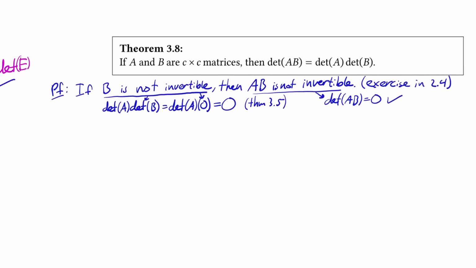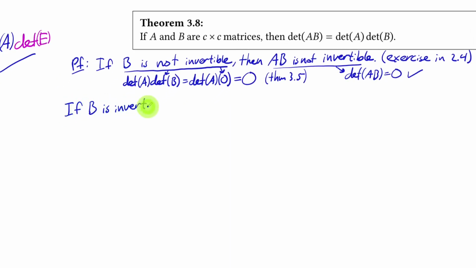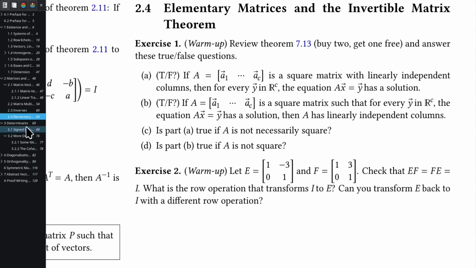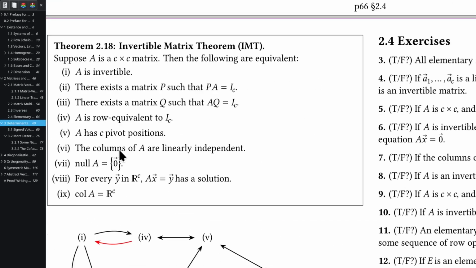What if B is invertible? Well, then by the invertible matrix theorem, we know that it is row equivalent to the identity. Right? If one of these things is true, the rest must be true.